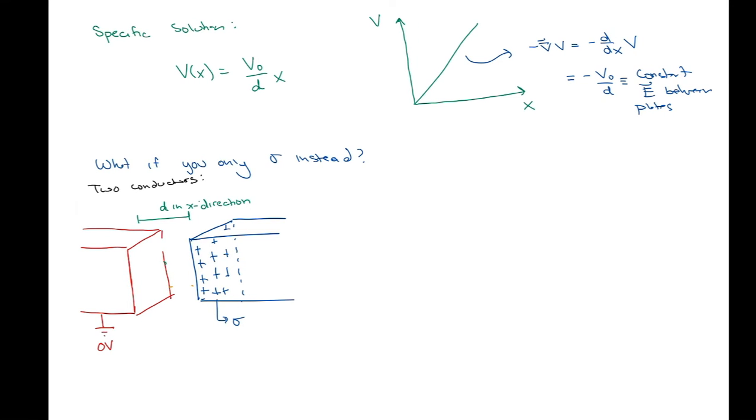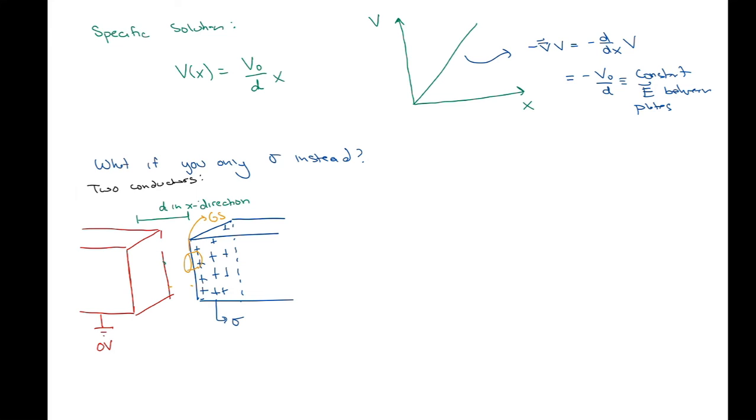Well, it turns out if I know rho, I can also find E, okay? So I can find the electric field between the plates. Why is that true? Well, I'm going to draw a Gaussian surface here for the plate with our surface charge density, a little pillbox, okay?